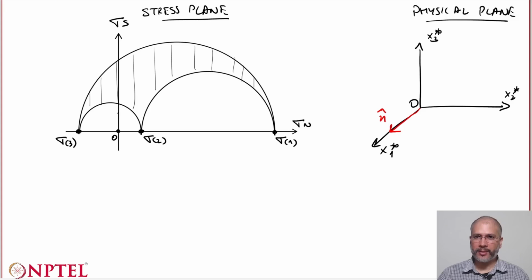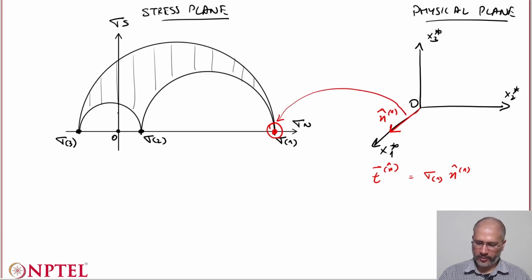If I was to write the traction vector corresponding to this normal, it will be sigma 1 times n hat 1, because this is along the x1 star direction. And on the stress plane, this corresponds to this point here.